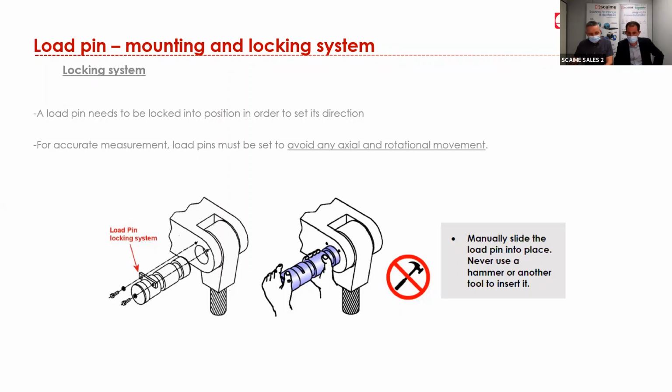So we should make sure that the load pin will not rotate in its support, or even have a translation movement in the support. As you can see, you can use a locking system to stop the axial translation, and we will describe just after the way to avoid the rotation.